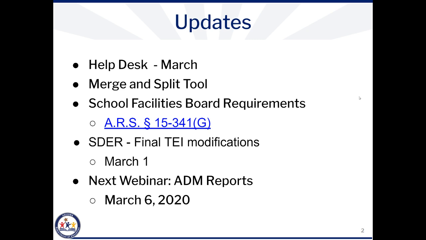Every month we get a question about where we are with the merge and split tool. I know that the field is aware that we've had some issues with the merge and split tool since the beginning, and then it's gone down in September and October. I do have some good news to share.